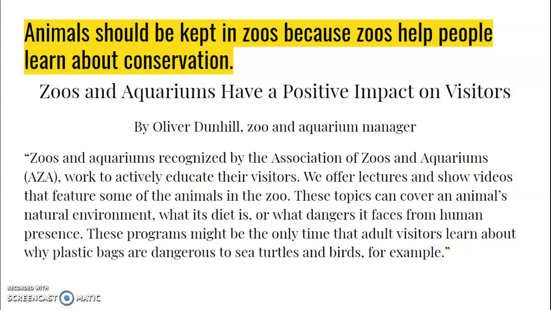These topics can cover an animal's natural environment, what its diet is, or what dangers it faces from human presence. These programs might be the only time that adult visitors learn about why plastic bags are dangerous to sea turtles and birds, for example. All right, so this is the piece that I want to use to help back up my reason that zoos help people learn about conservation.